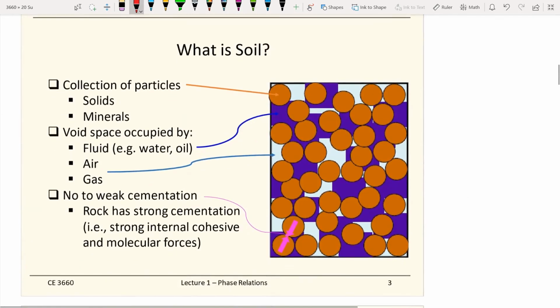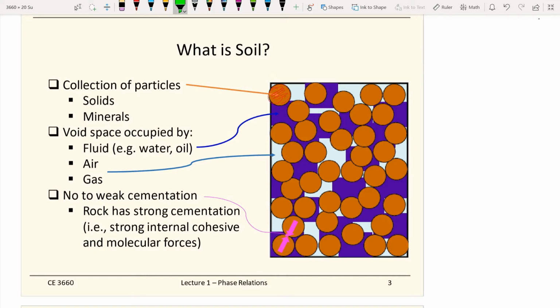So what is soil? Again, soil is a collection of particles, and the picture here on the right-hand side gives a good visualization of what you may have when you have soil samples. Your collection of different soil particles is represented by all these dots here.